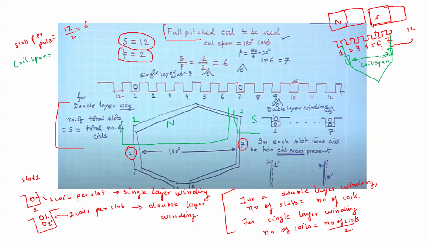So we know the angle between the north pole and south pole. The electrical angle between north and south pole is 180 degrees electrical, because our conductors are situated with one conductor under one pole and another conductor under the other pole.